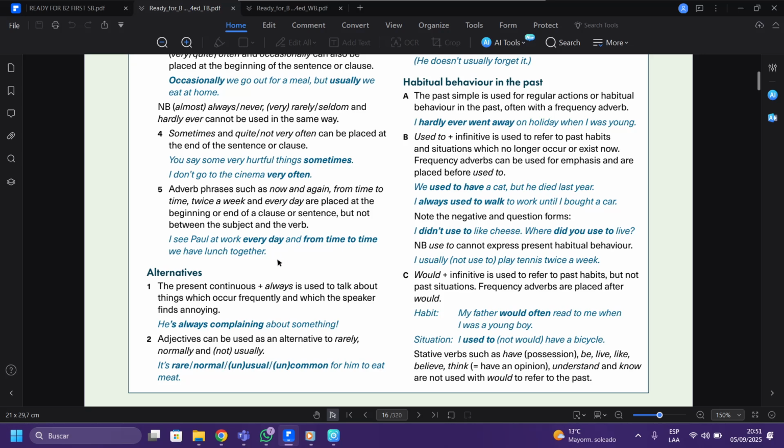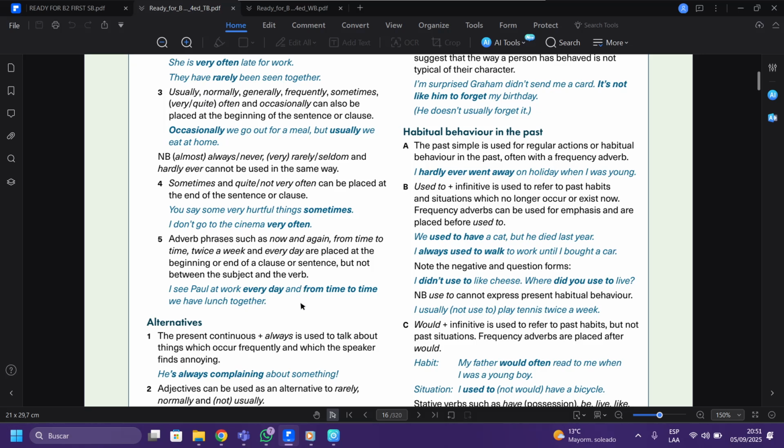For example, I see Paul at work every day, and from time to time we have lunch together. As you can see here, in the first clause it's at the end, and in the second one it's at the beginning. That is the way that you can use these phrases: now and again, from time to time, twice a week, every day.